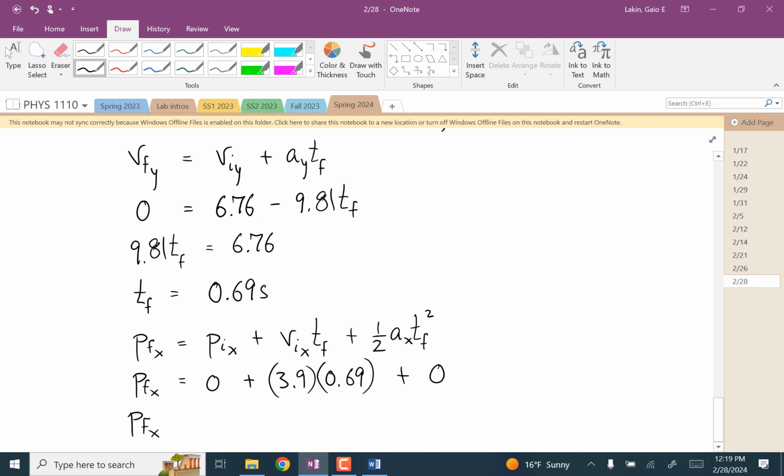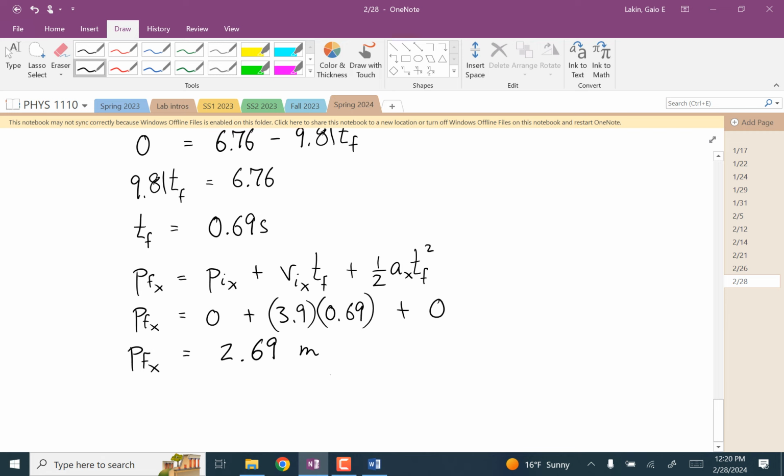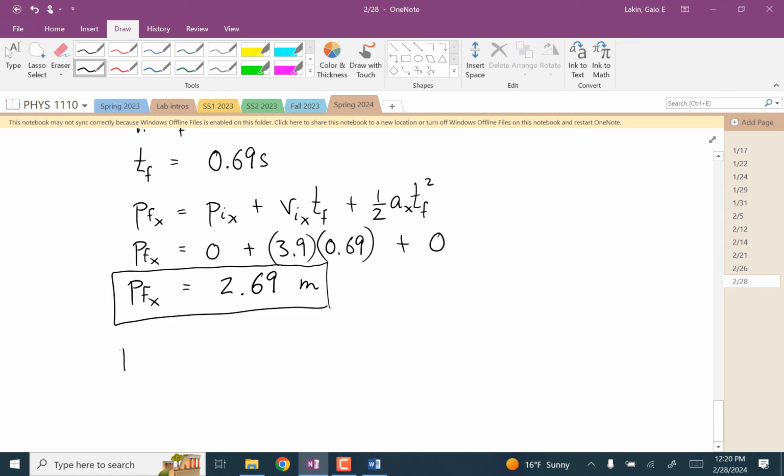And so PFX is 2.69 meters. Okay, so now we have the X and Y components of P final.